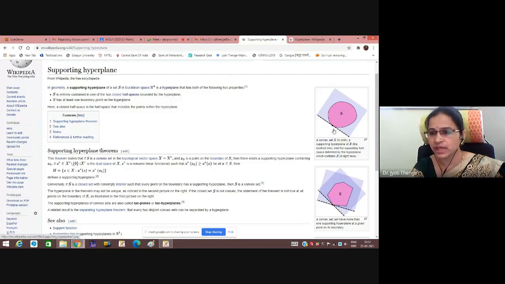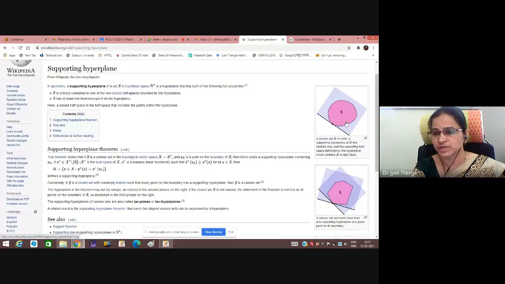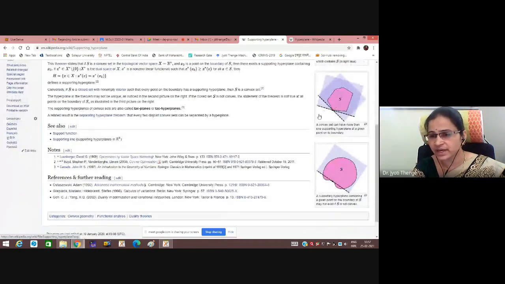Then this dashed line is a supporting hyperplane, which touches the given convex set at one boundary, and the whole convex set lies in one of the closed half spaces. You can consider this the second example.